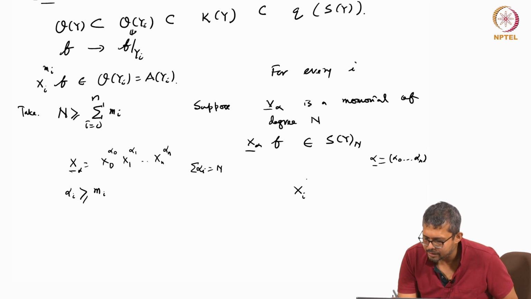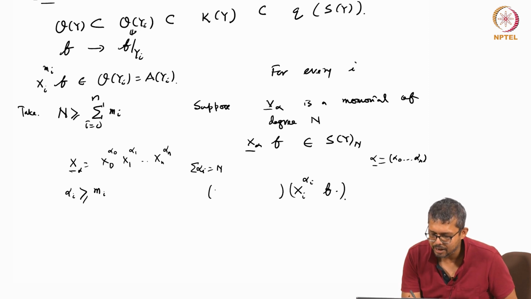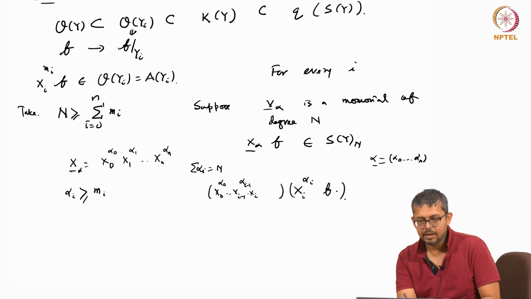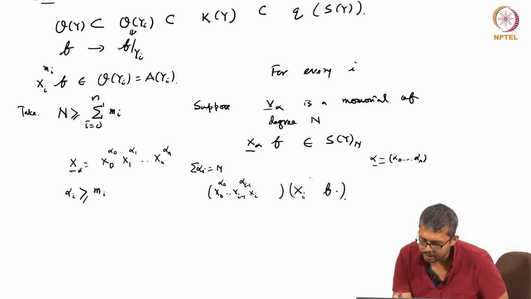What you do is separate out xi to the alpha I, and then write the remaining elements: x naught alpha naught, up to xi minus 1 alpha I minus 1, then xi, sorry, here do not write alpha I, you write mi. So xi alpha I minus mi, and then xn power alpha n.